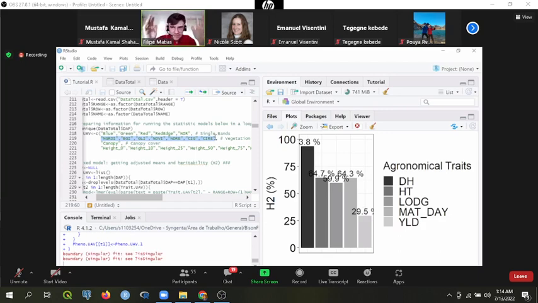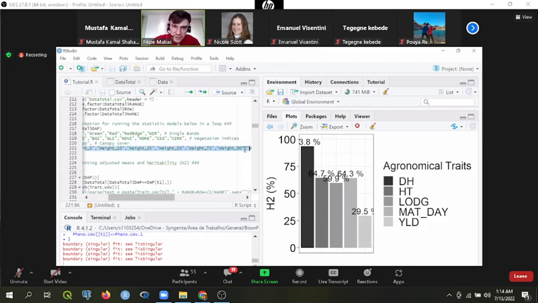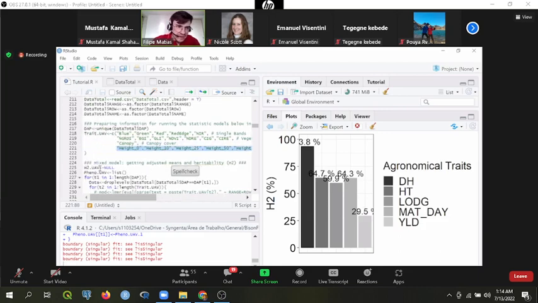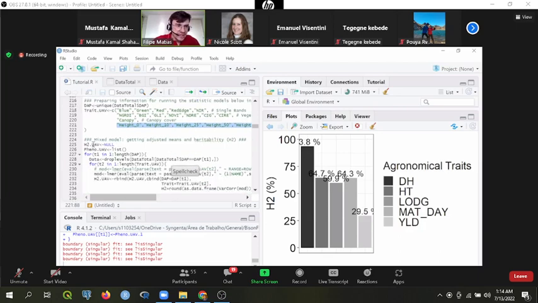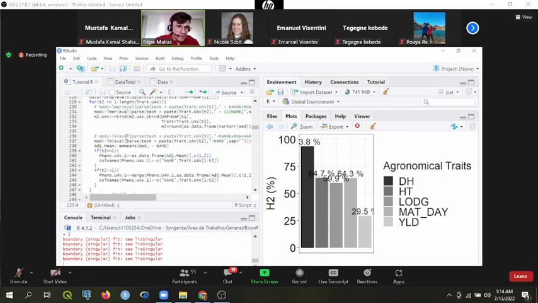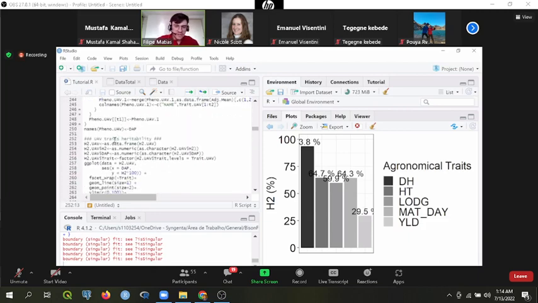Anyway, there are many different explanations there. We're going to calculate the heritability for canopy and all types of plant height. And for instance, you can see that we have here a code for plotting this together.